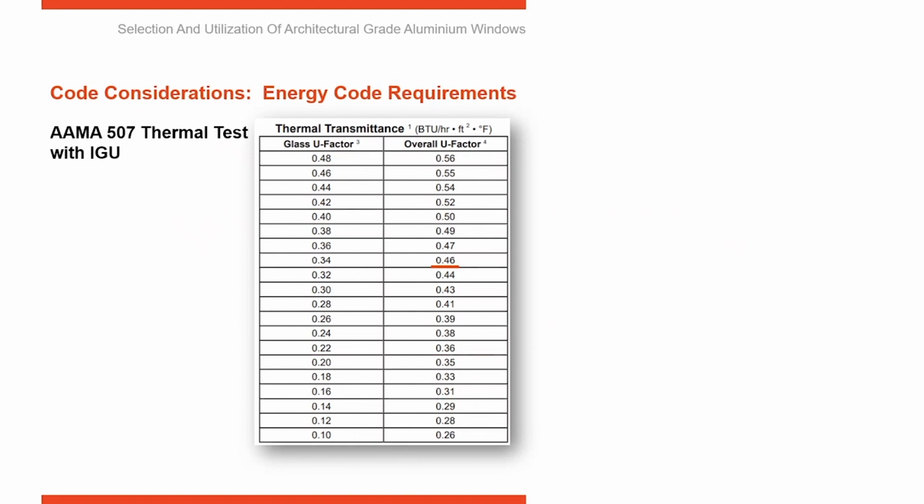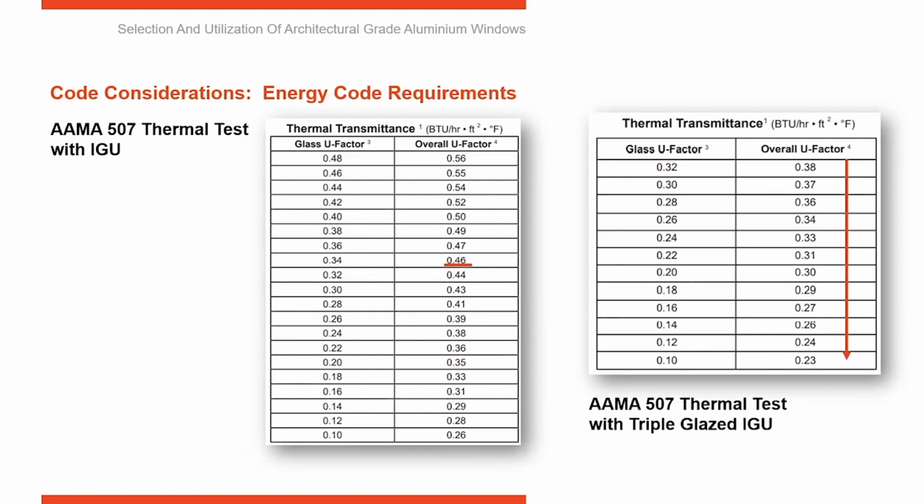Well, you can see you can improve your glass performance down the left column and therefore improve the system performance also. So you can start incrementally improving the performance of that frame by improving the glass performance. Then if you wanted to move to triple glazing, you can improve it even more. So you can see a long range of performance improvements that you can get going with a triple glazed unit.